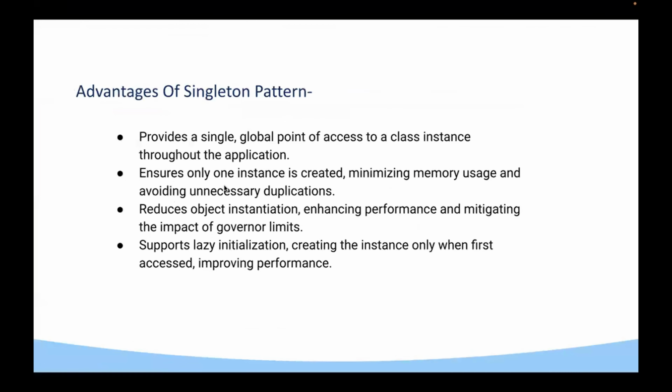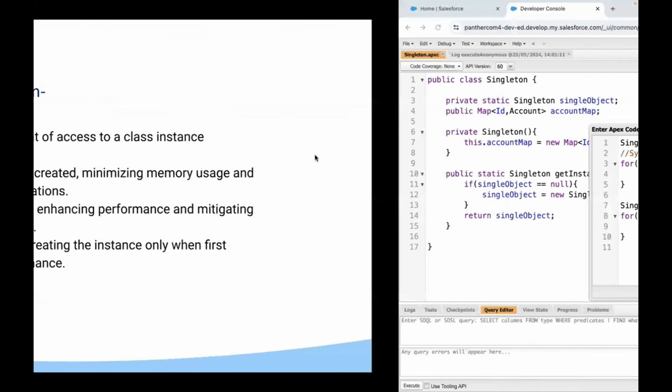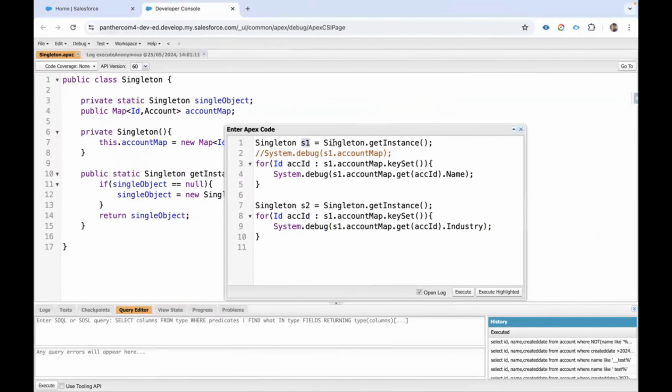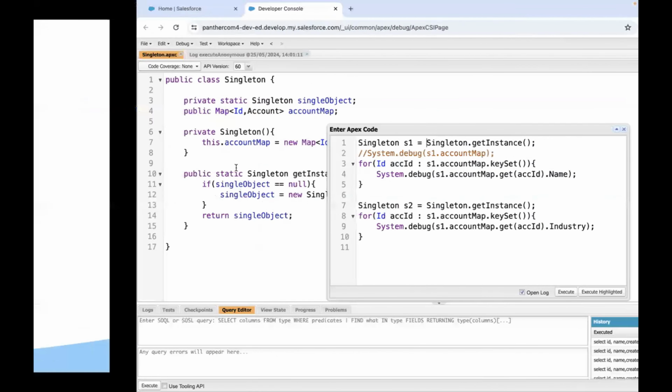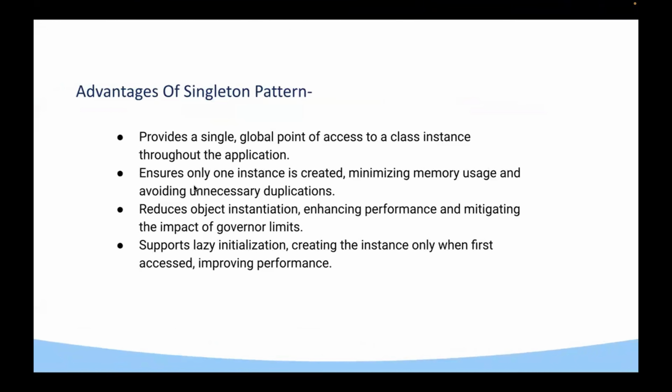We can see the advantages of the Singleton pattern. It provides a single global point of access to a class instance throughout the application. We have seen it provides a single instance. We don't have to initialize the object again and again, and we can use the same object again and again in the same transaction.